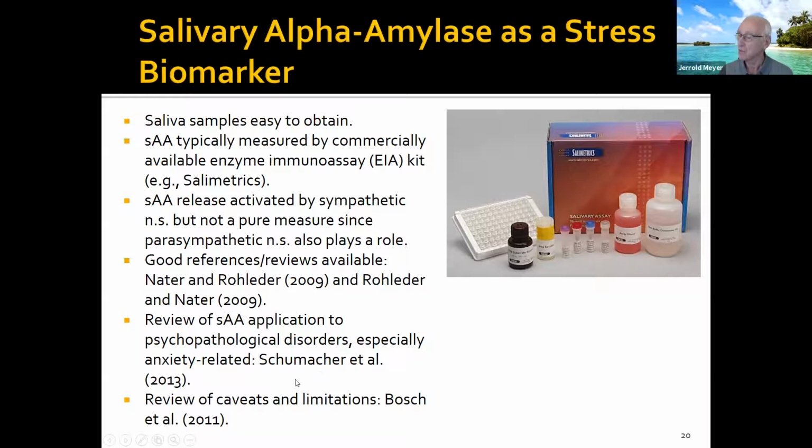There's another paper, a little bit more recent, reviewing application of amylase to psychopathological disorders, especially anxiety-related disorders. And then also a paper, not the most recent, but still quite good, that talks about the caveats and limitations of this approach from Bosch et al. Those are references that are available in my folder on the OneDrive.